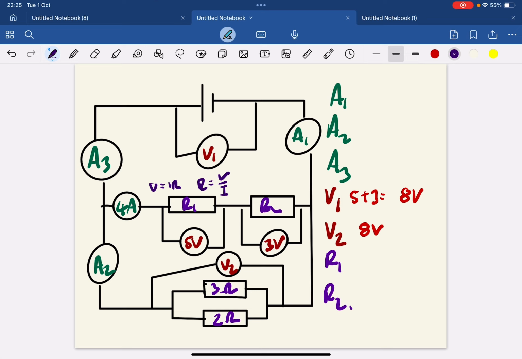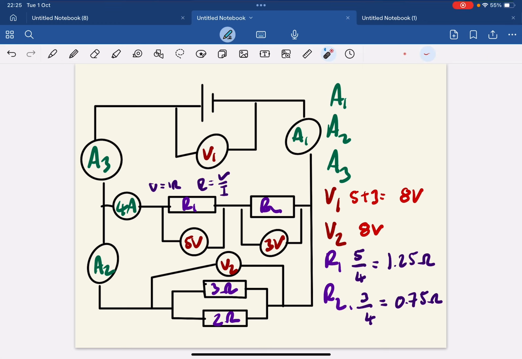So potential difference divided by current for R1, we've got 5 volts divided by 4, which gives us a resistance of, let's do it in the calculator here, 1.25 ohms. And for resistor 2, we have 3 volts again divided by 4 amps, and that's 0.75 ohms.